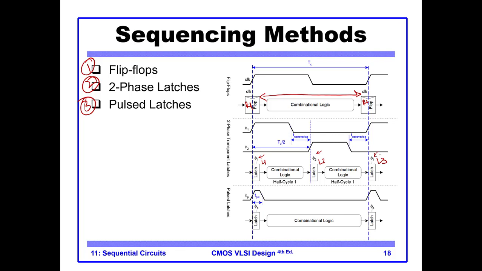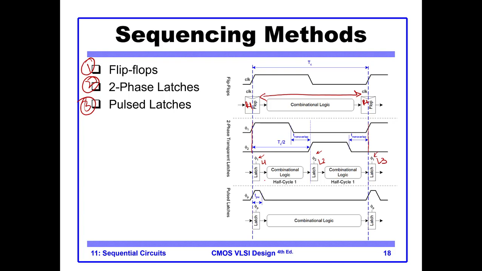Your cycle time is the same, so it is from here to here. How it works is when the phase 1 clock is 1, the phase 2 clock at that point is 0. So it means that phase 2 is in memory mode.